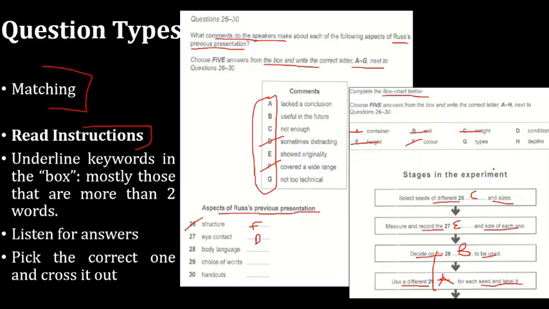They sometimes do that, so we have to be wary of it. The goal here is to practice more, because practice makes perfect. The more you do it, the more you can figure out what they are trying to do in order to pick out your correct answers whenever you have these kinds of questions.